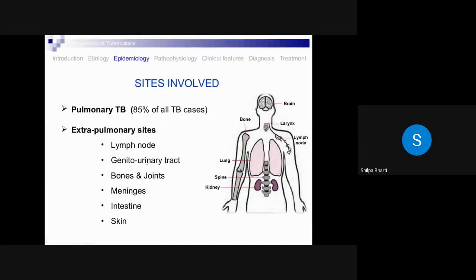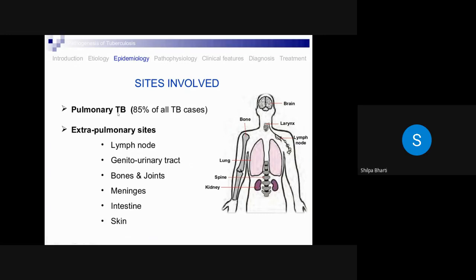So, what are the sites which are involved with the tuberculosis infection? The primary site, as I have told you, is the lungs, and that is 85% of all the tuberculosis cases; it is known as pulmonary tuberculosis. ठीक है? ट्यूबरक्लोसिस टीबी क्या है? आप खाली ये समझिए कि खाली लंग की डिजीज नहीं है.